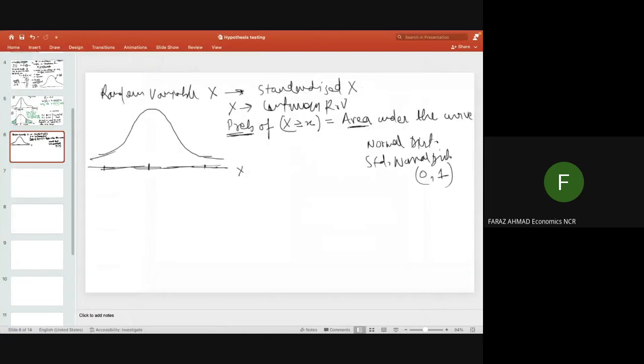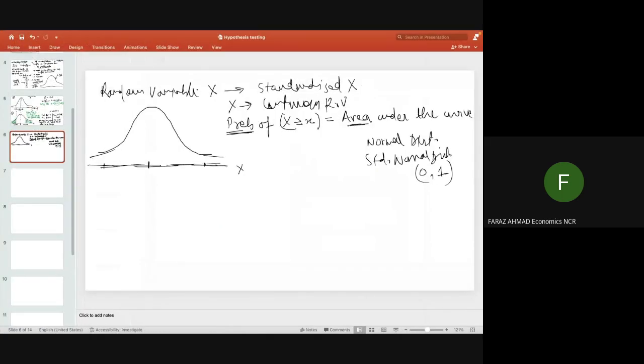Right? So in this case, we have a mean at the center. If the distribution looks like I have drawn here, sort of normal, and the t distribution also looks like this, the mean is in the center, and the standardized value of the mean of x is 0, right?